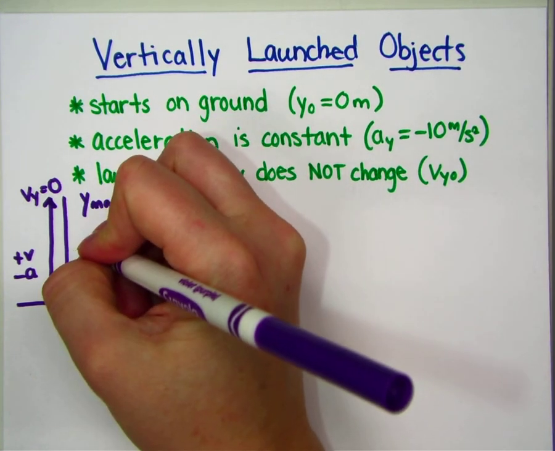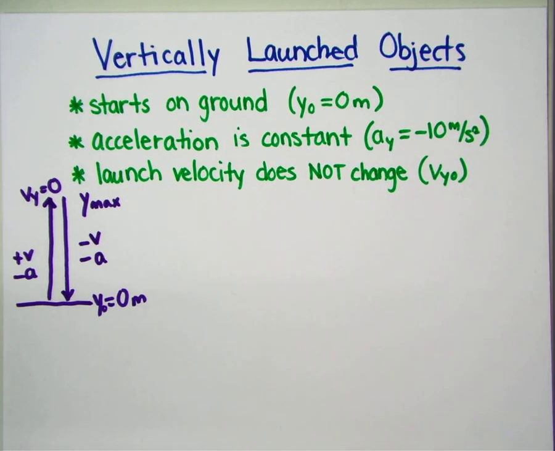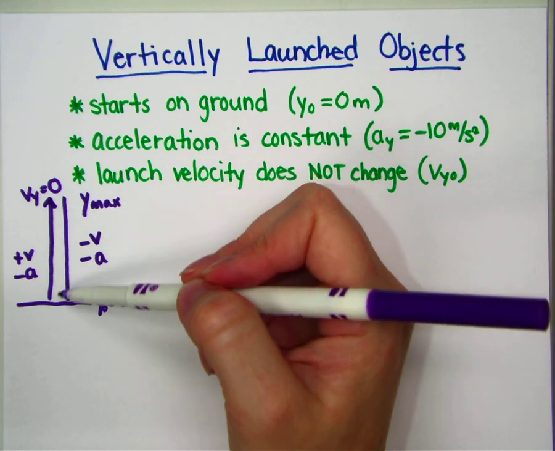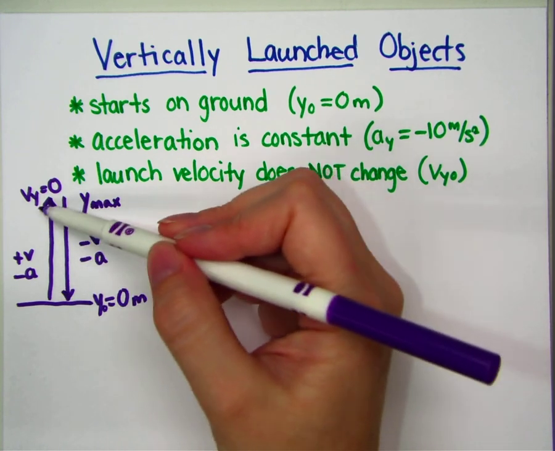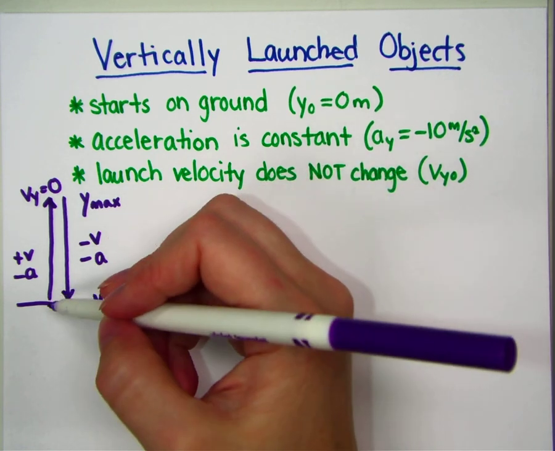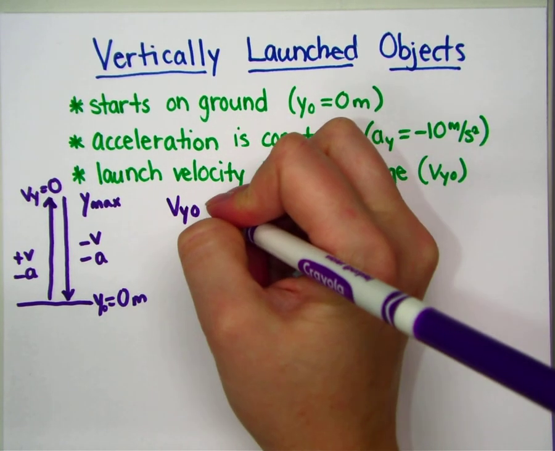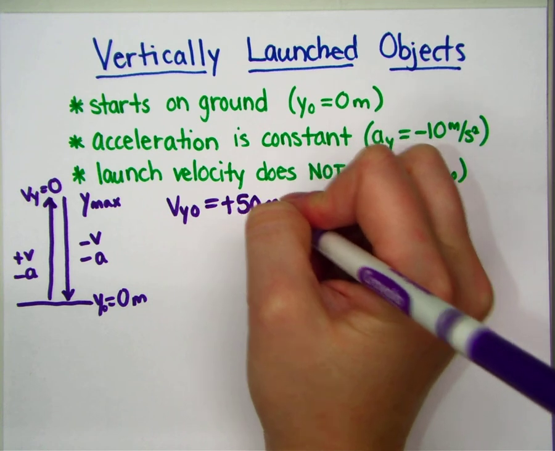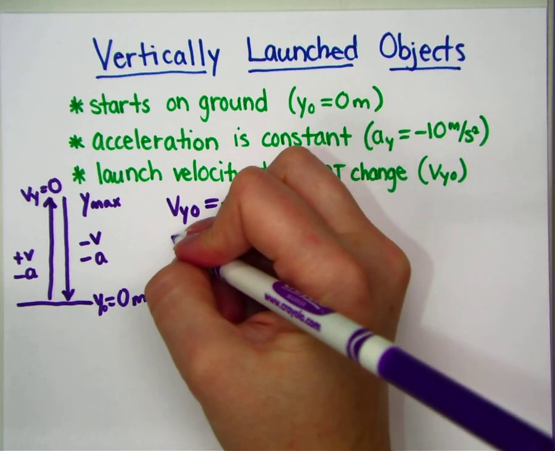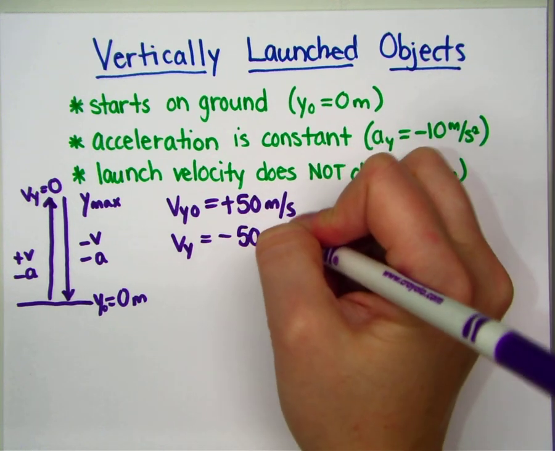On the way down, the object has a negative velocity and a negative acceleration, so you know when that happens, the object is speeding up. That should make sense. All throughout this trip, the velocities are going to be equal and opposite at every point, okay? So if I start with a velocity of positive 50 meters per second, then I know that when I hit the ground, I'm going to end with a negative 50 meters per second.